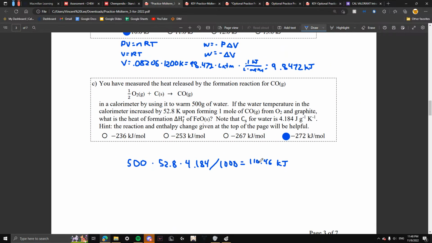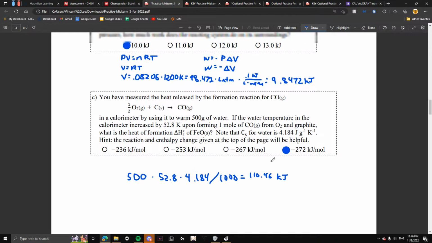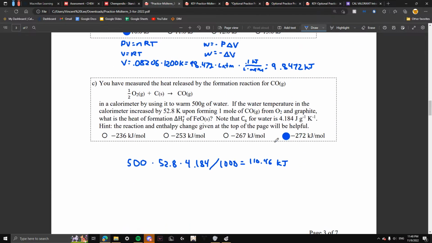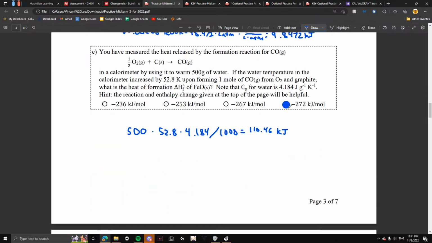So I literally just plugged in that delta H to make this CO, this carbon monoxide here, is 110.46. So if I add this to here, 110.46, in order to adjust to our new delta H, all I would do is just add to it. So it'd be 270.96, which is extremely close to this number, right? So I just assumed it was like that.